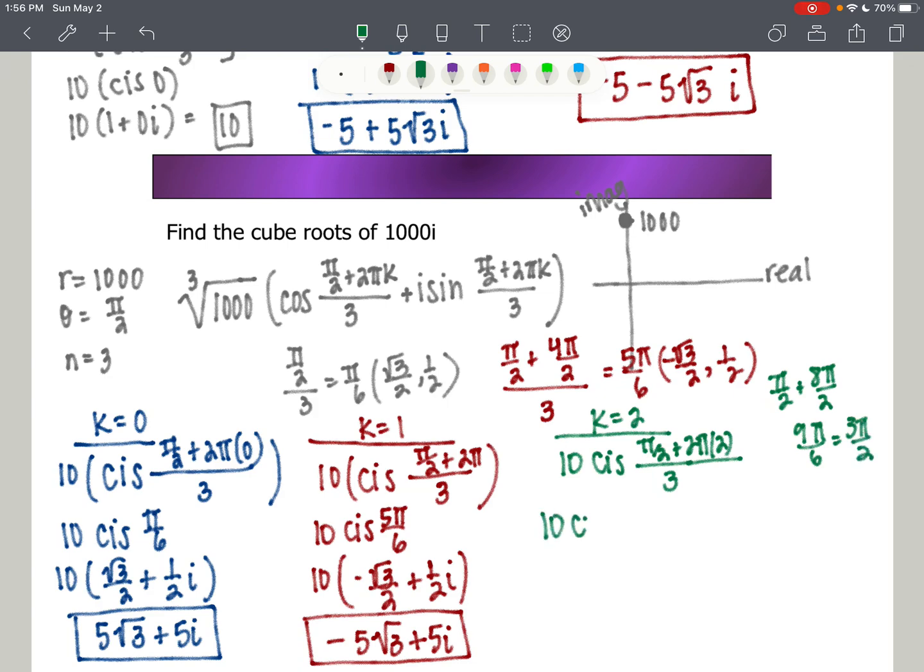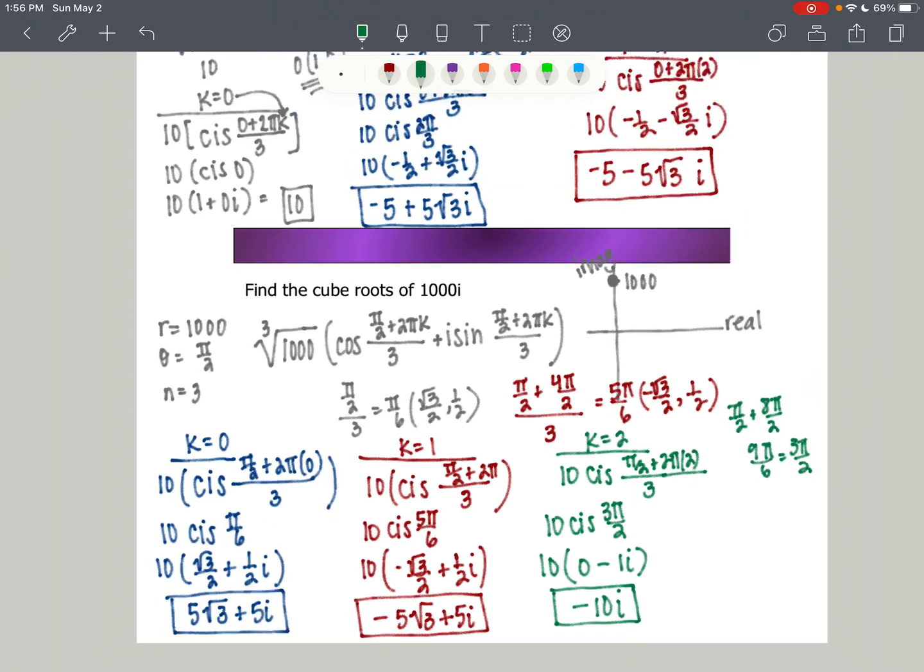So 10 cis 3 pi over 2. That's going to be a 0 for cosine and a negative 1 for sine. So that will be negative 10i. So there are our three cube roots of 1000i.